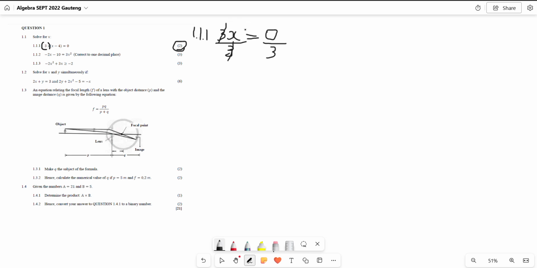Then on this side we are only left with variable x. Then we put that forward to say x is equal to, then 0 divided by any number remains 0. It means the first solution of x will be x equals 0.